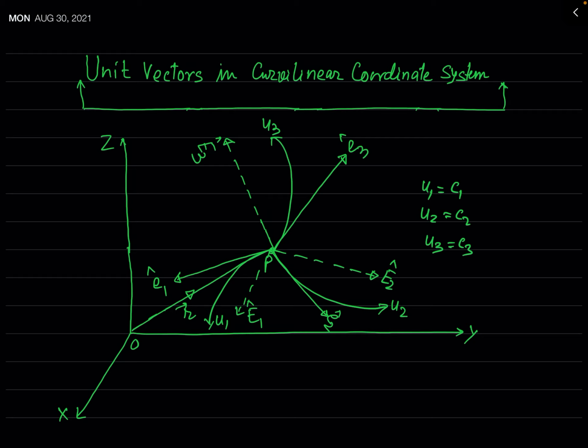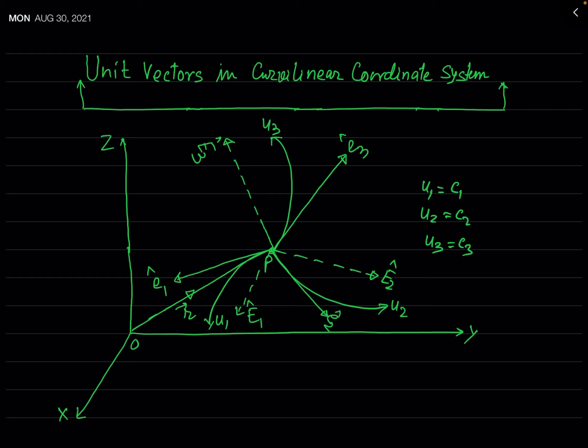These three coordinate surfaces intersect one another along curves, and the U1 curve, U2 curve and U3 curve are the intersections of two coordinate surfaces. All these curves meet together at a point P, whose position vector in this figure is shown by the vector r with respect to the origin of a Cartesian coordinate system.